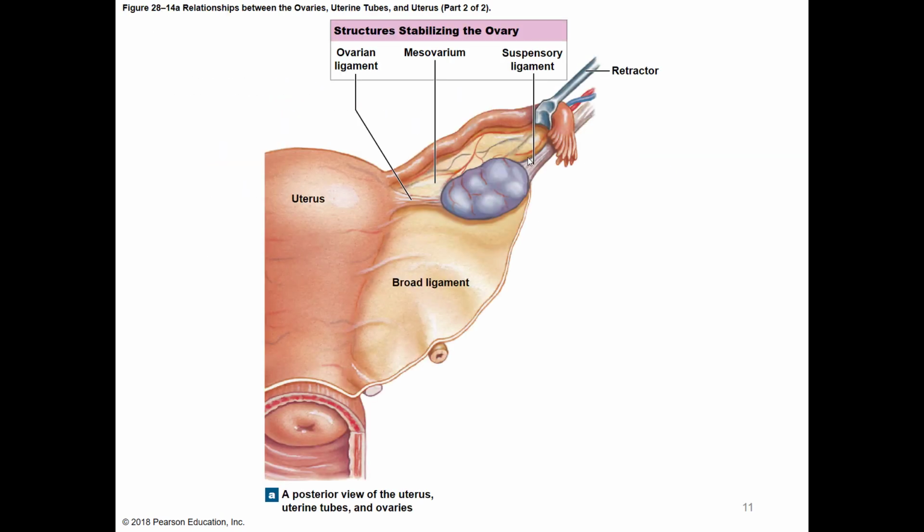Okay, so looking at this ovary, we can't see the inside of it in this view, but the idea is we've got a covering over it, the germinal epithelium, and then underneath that we have the tunica albuginea. Then we have the interior tissue of the ovary, which is going to be the cortex, that's the outer edge of the ovary, and then the medulla, which is the middle or center of the ovary. And the gametes, the oocytes, are going to be produced in that cortex.